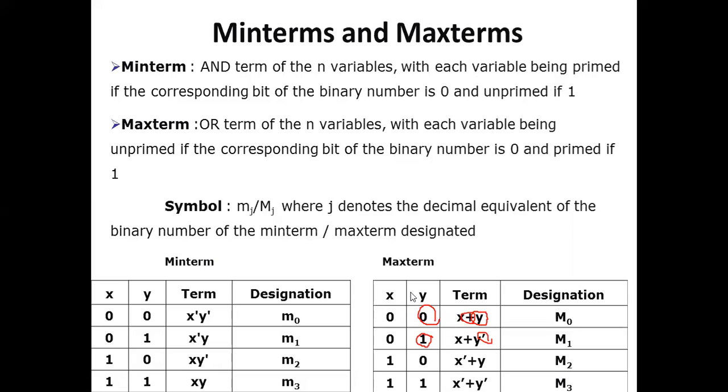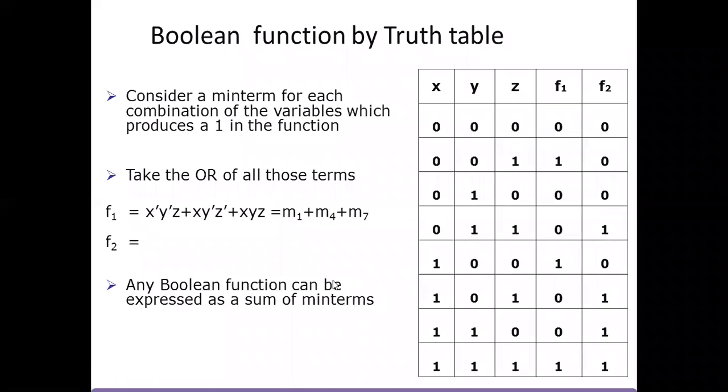After you start identifying max terms and min terms, and know how to form a max term or min term according to the corresponding values of a set of variables, we can write a Boolean function for a given output of a truth table. That's what we discussed last week.